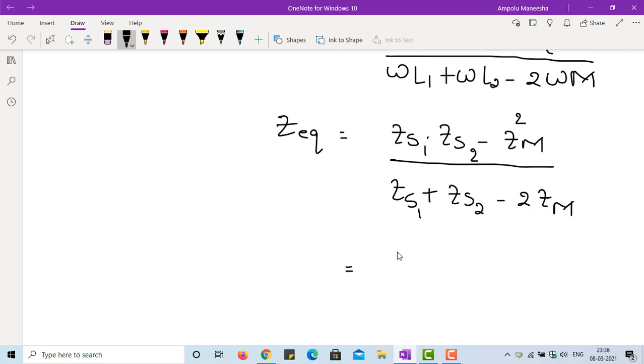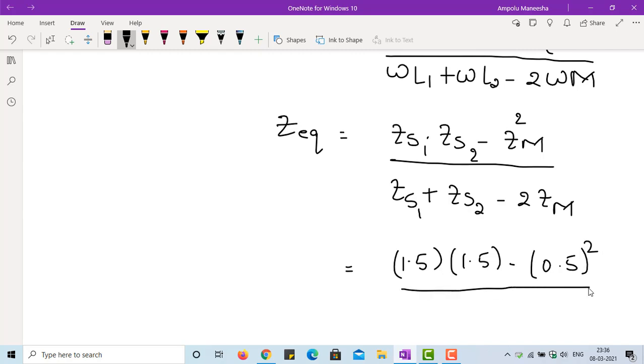So if we substitute the values of ZS1 and ZS2, it is given that ZS1 is 1.5 and ZS2 is also 1.5 and Zm is 0.5. So 1.5 into 1.5 minus 0.5 square divided by 1.5 plus 1.5 minus 2 into 0.5.